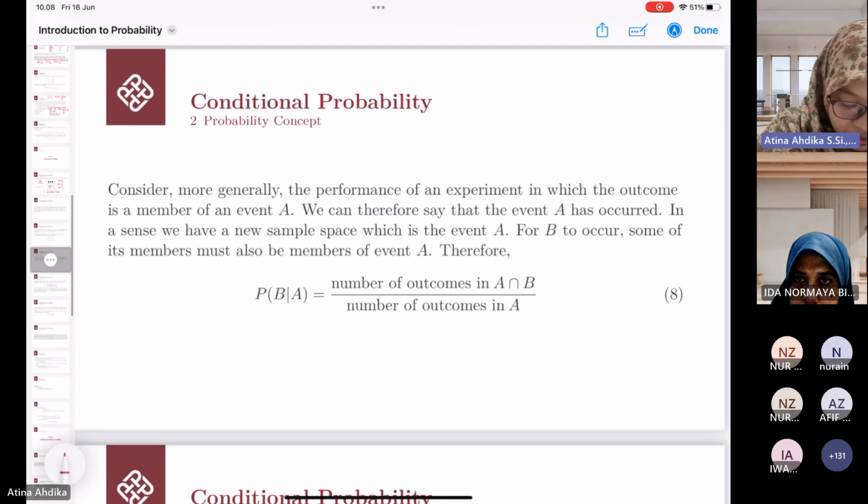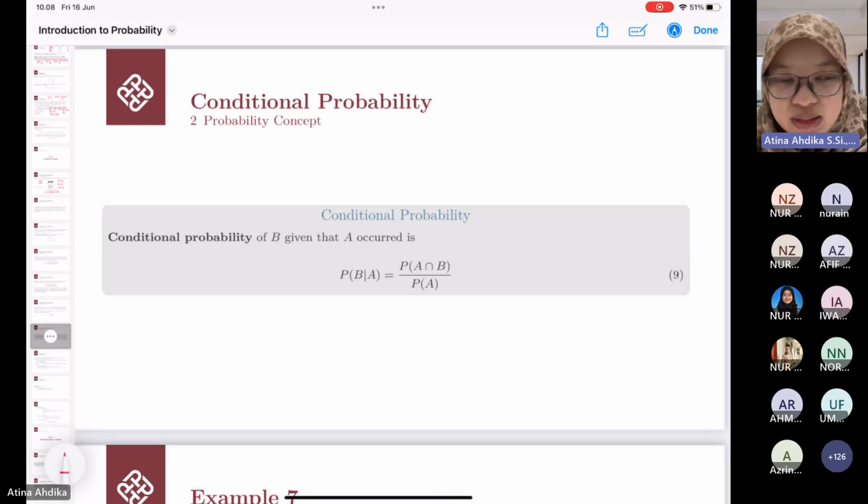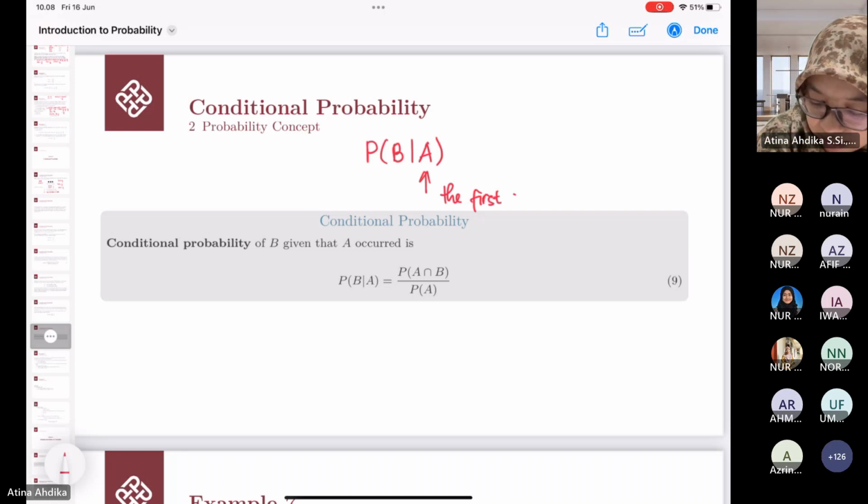So I will jump to the formal definition of the conditional probability. If we want to calculate the conditional probability, it is denoted by the probability of B given that A occurred. From the example, we know that A is the first process and B is the second process.